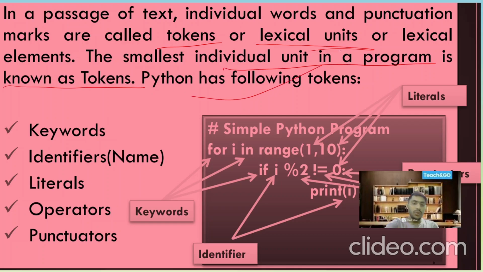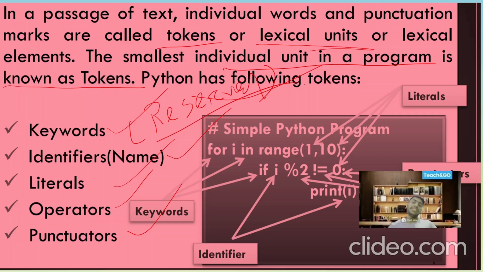So what tokens are available in Python? Keywords, identifiers, literals, operators, and punctuators. What is a keyword? A keyword is a reserved word given by the programming language. That means we cannot use that word for any other purpose.